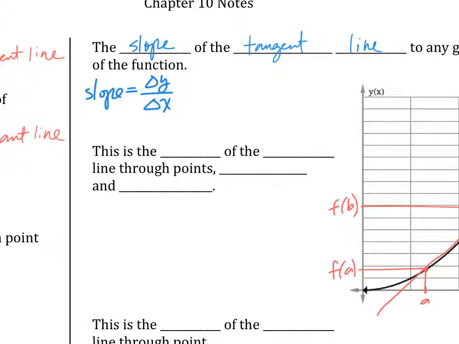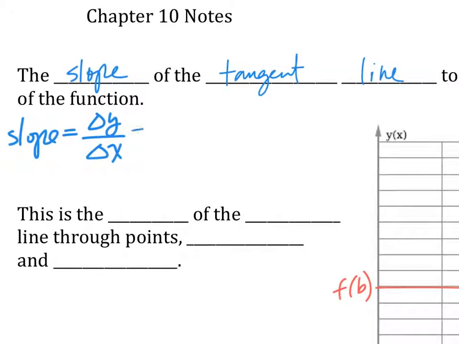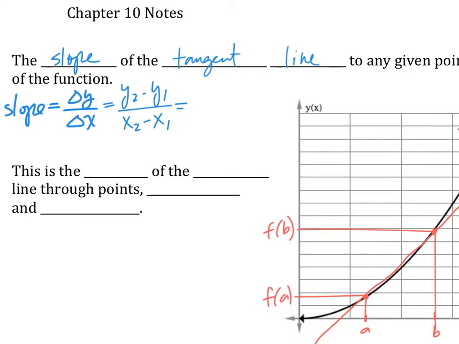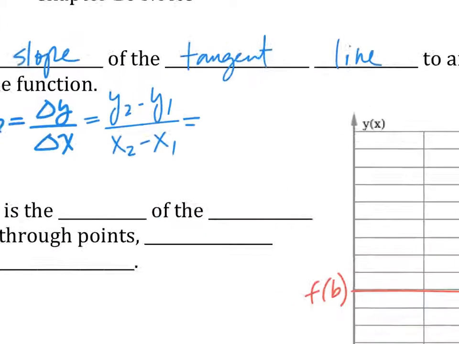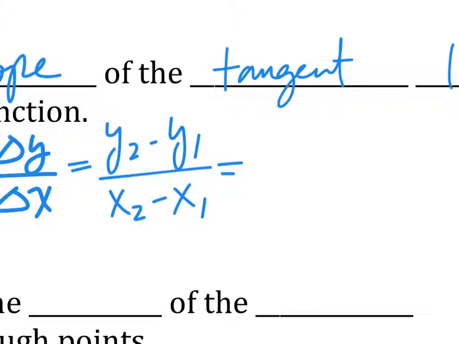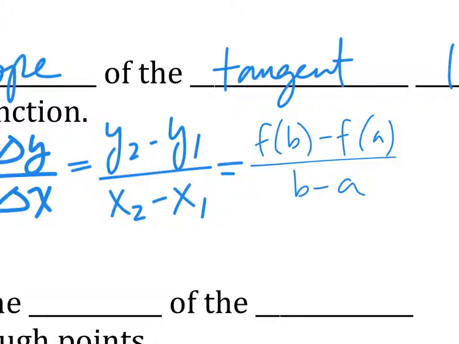Change in y over change in x? Yeah, y2 minus y1 over x2 minus x1, right? So how do I apply that to this line? Answer, f of b minus f of a over b minus a, correct? Yes. Okay, so this is the slope of that secant line.